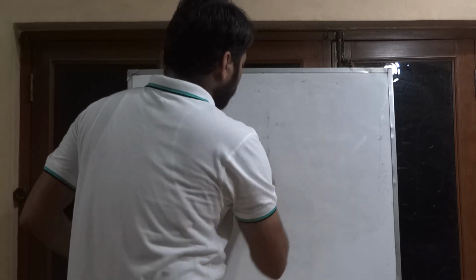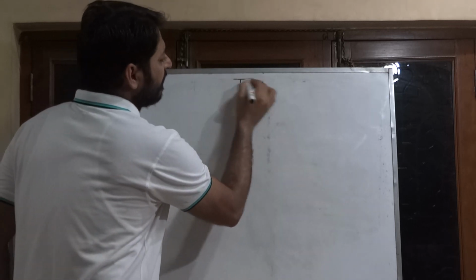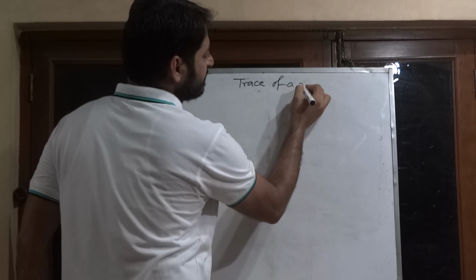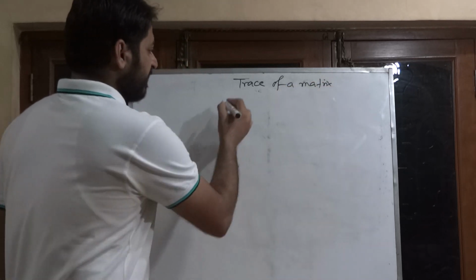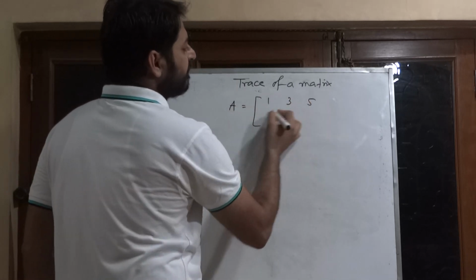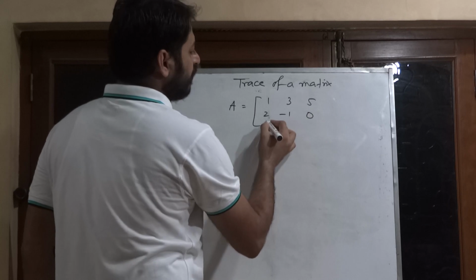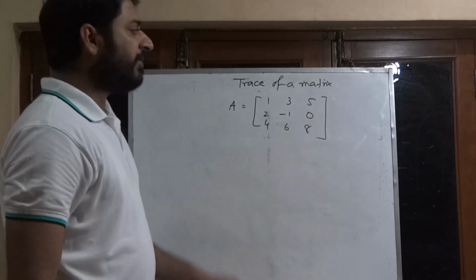Most of all, there is one more thing: trace of a matrix. You have hardly heard of it. Sometimes they may ask it in competitive exams. They will give you matrix A as 1, 3, 5; 2, minus 1, 0; 4, 6, 8. Find the trace of the matrix.